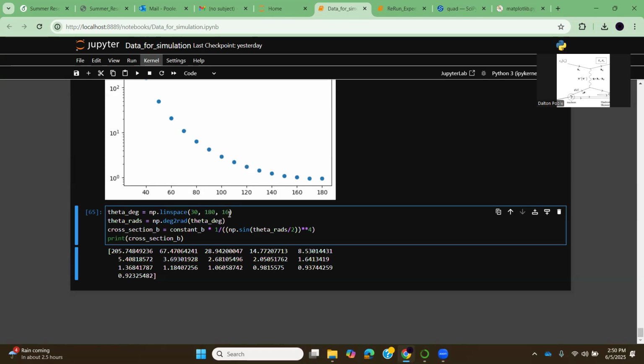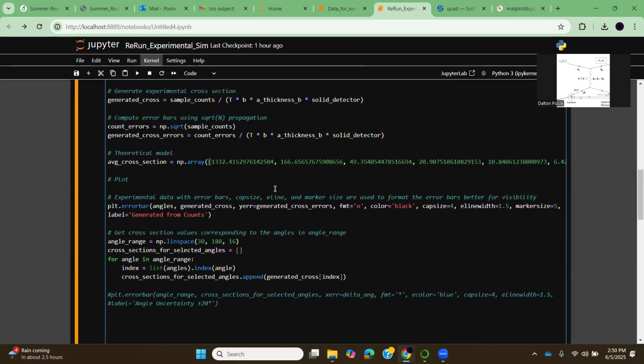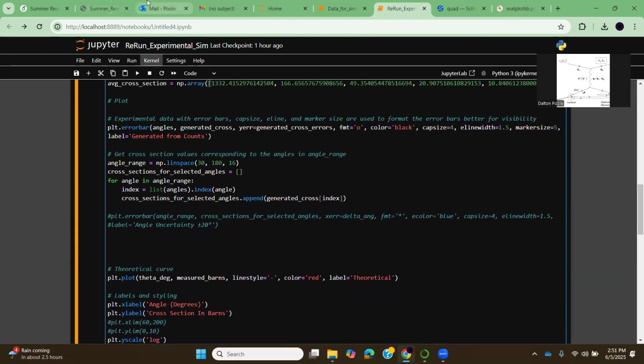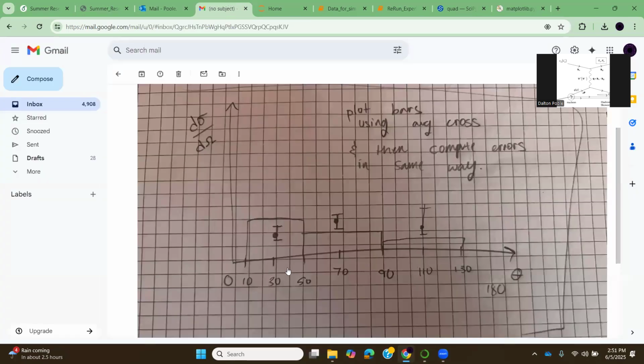Run at 30, 120. I wanted to go in increments of 40.